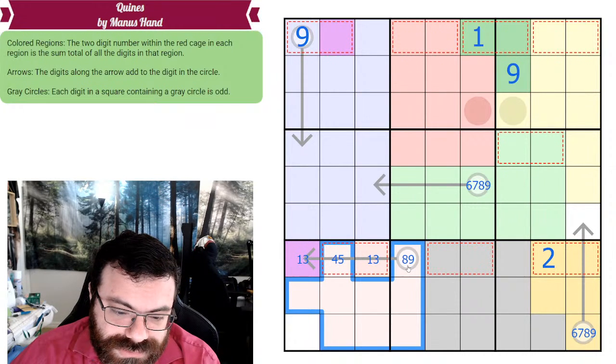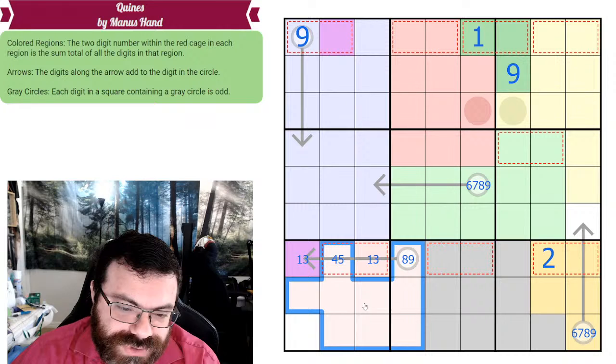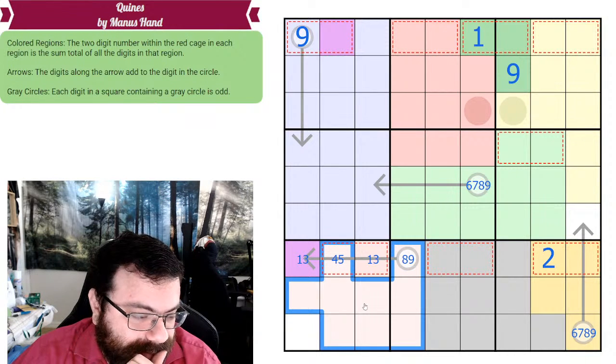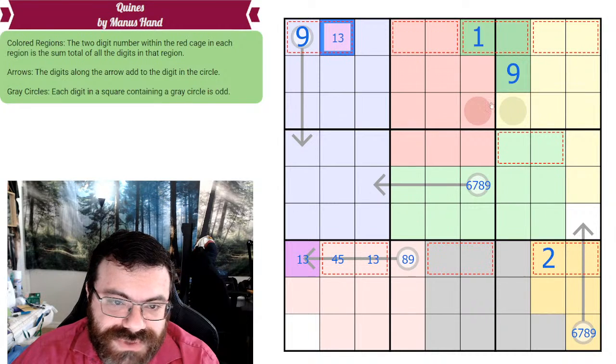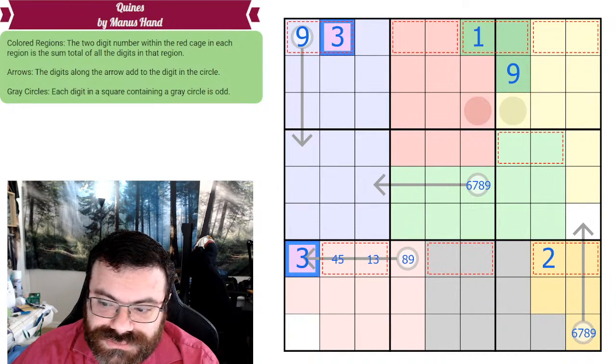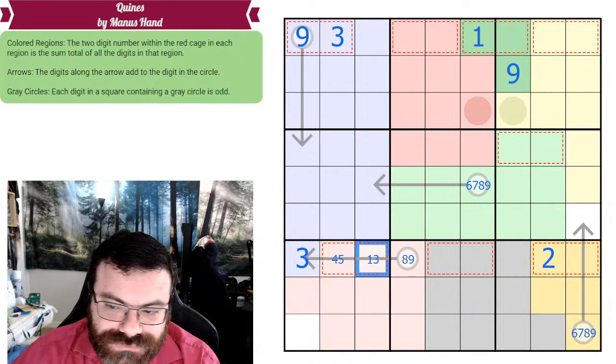So these cells have to add to a number that's divisible by 10. And they can't, 30 is too small for that. This can't be a 1, so we actually get 3s here. That's a 1.